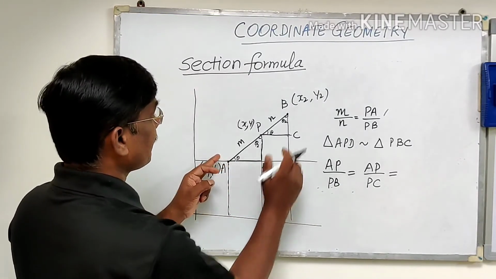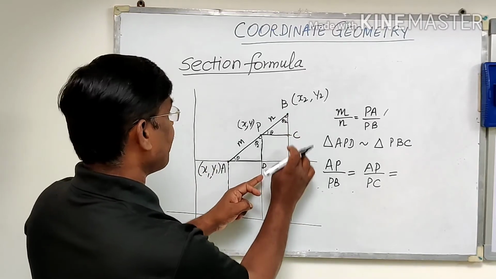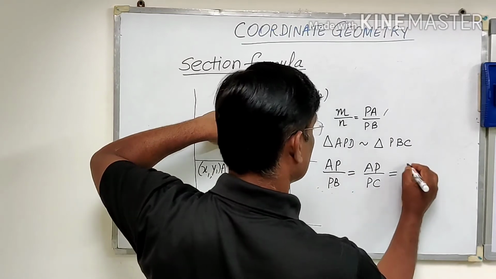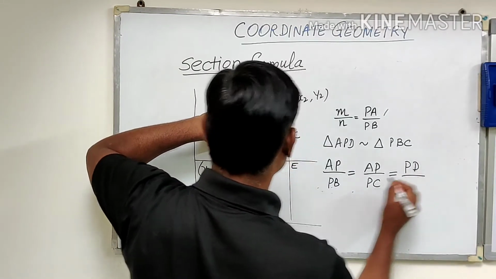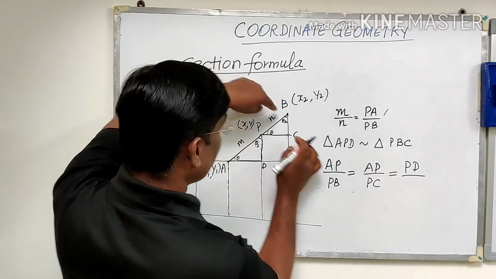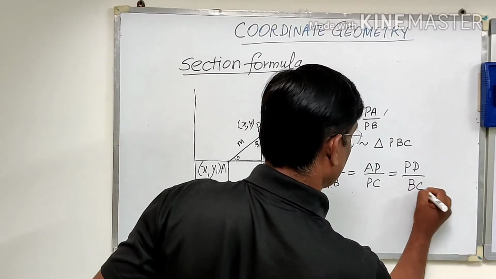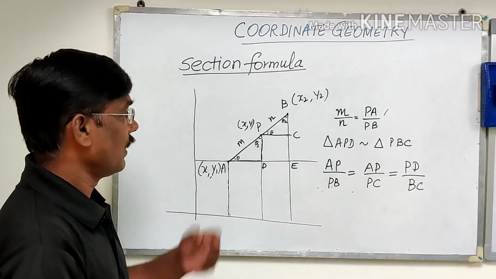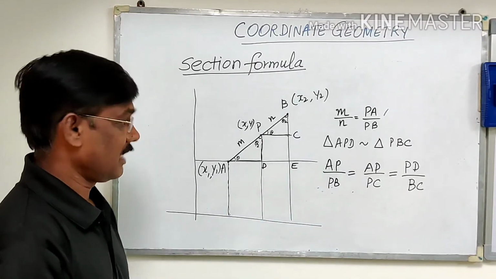The other one is this one, PD divided by BC. Okay. This is one property of similar triangles.